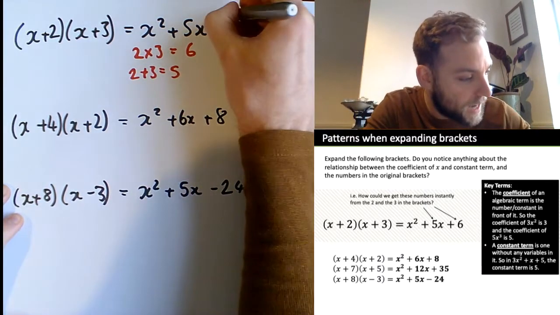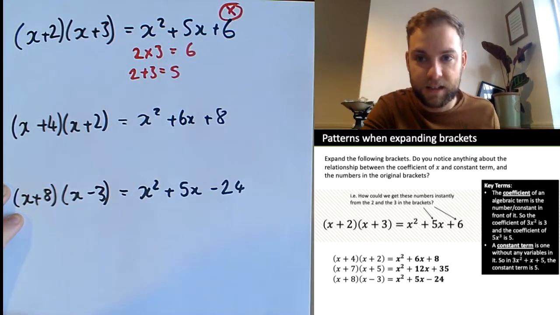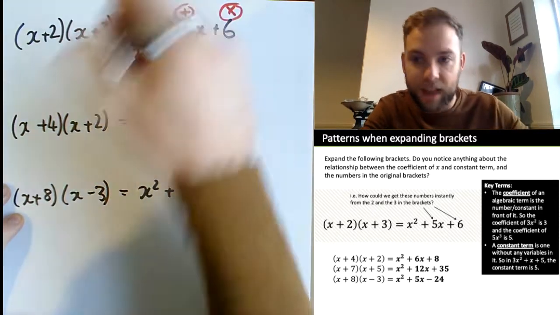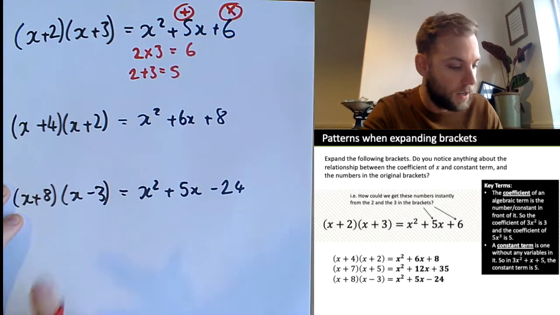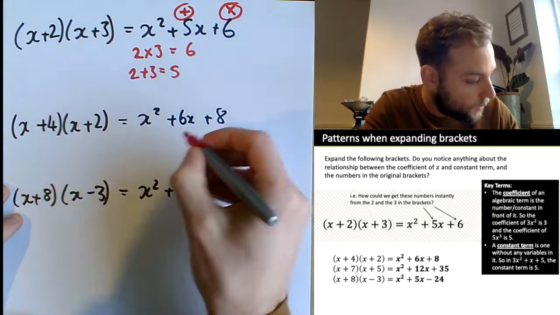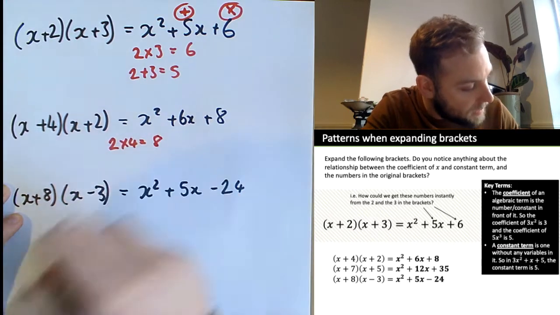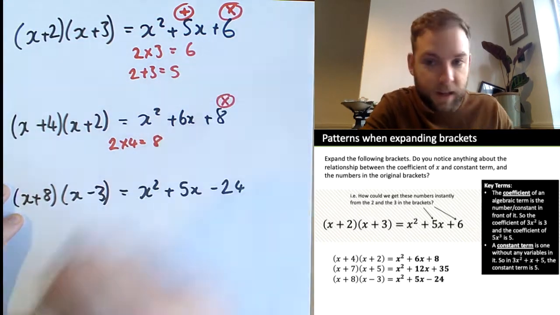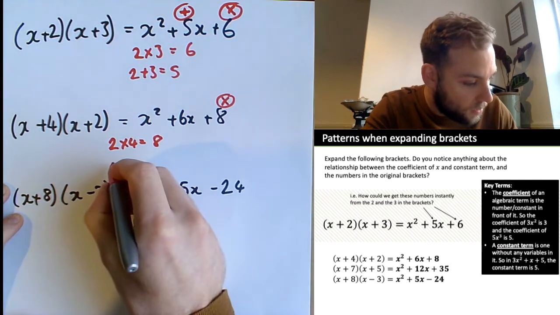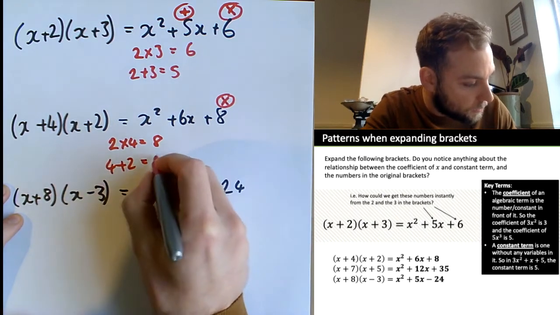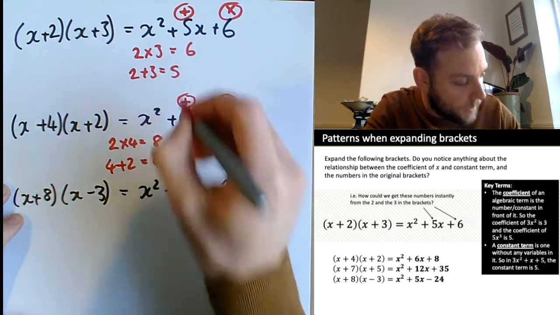So I need something that multiplies together to make this 6 and adds together to make that 5. It works exactly the same with this one. 2 times 4 is equal to 8 at the end, so something that multiplies together to make this. And then 4 plus 2 is equal to 6, so it adds together to make this one here.